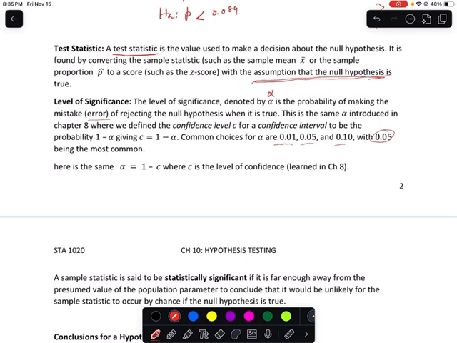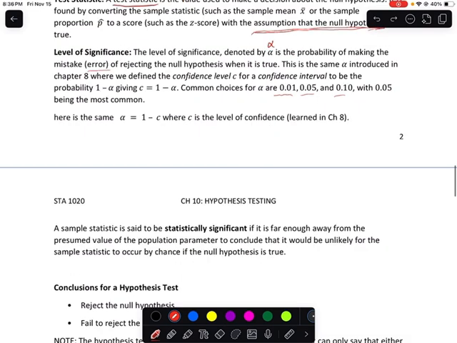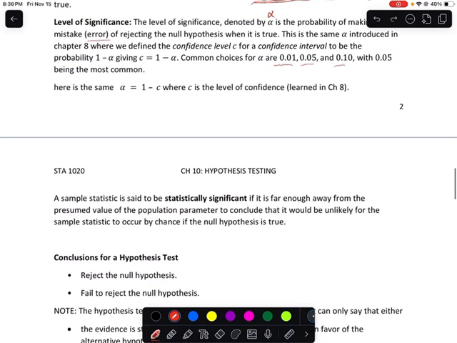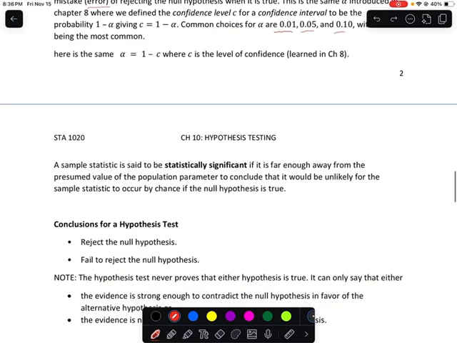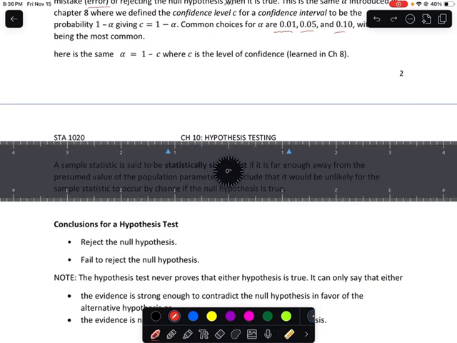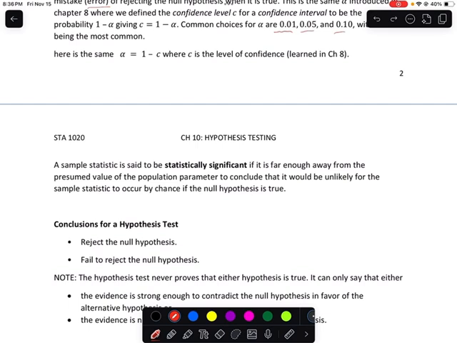Okay, so this is like a repetition. Here alpha is the same as 1 minus C, where C is the level of confidence learned in chapter 8. Okay, now this is like a definition of statistically significant.